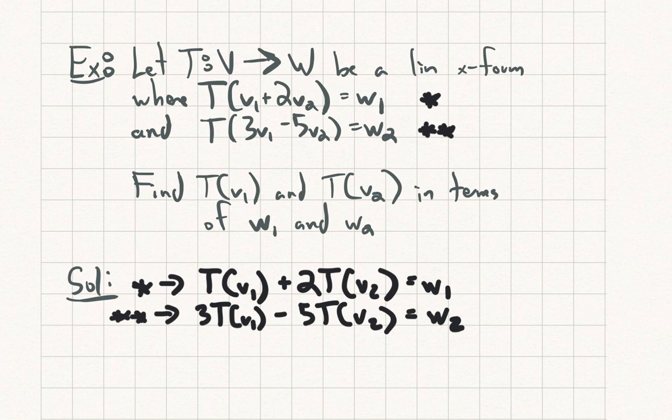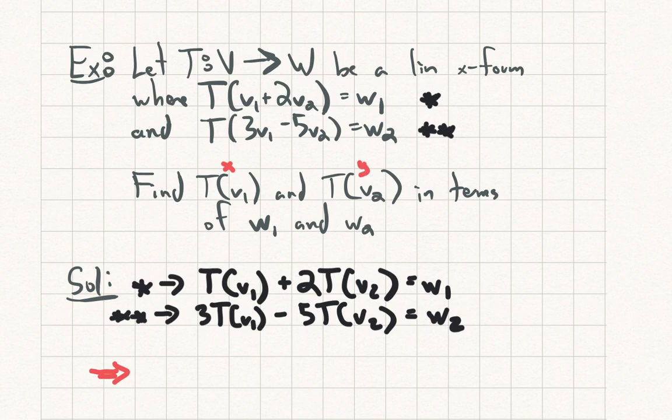And looking at this should look very familiar to you. This looks a lot like a 2x2 system of equations, really, because it is. And we want to solve for T(V1) and T(V2), so we're treating these like our variables. So we've transformed this problem into solving a 2x2 system of linear equations. Maybe I'll call T(V1) x and T(V2) y.